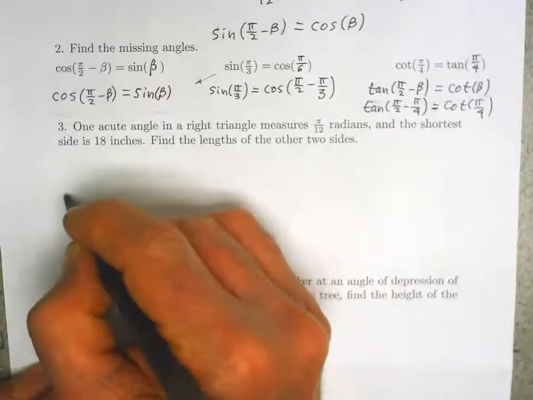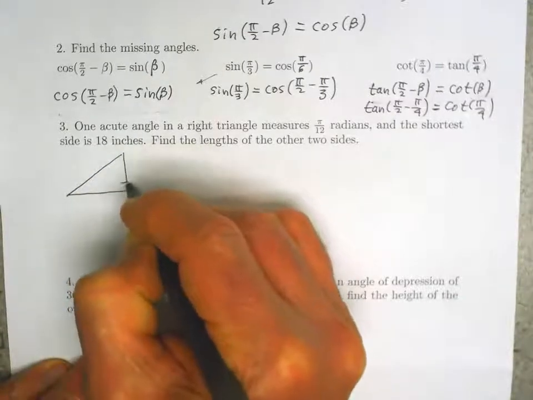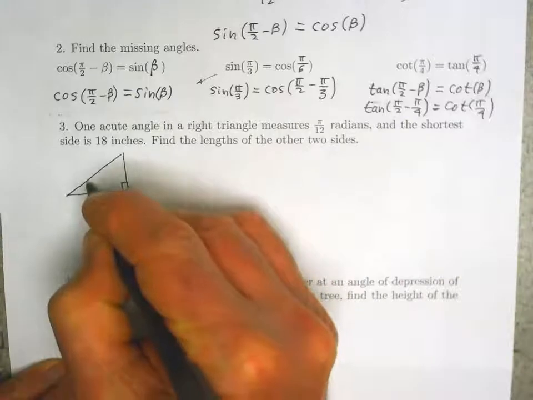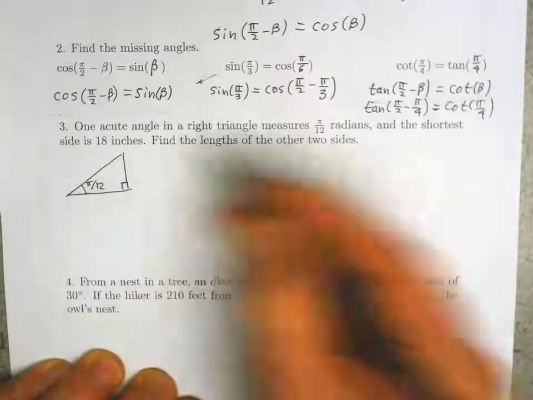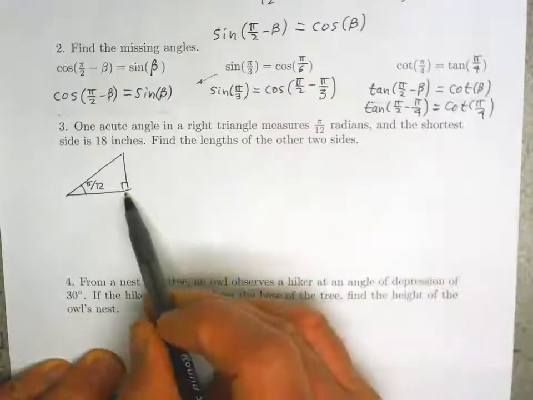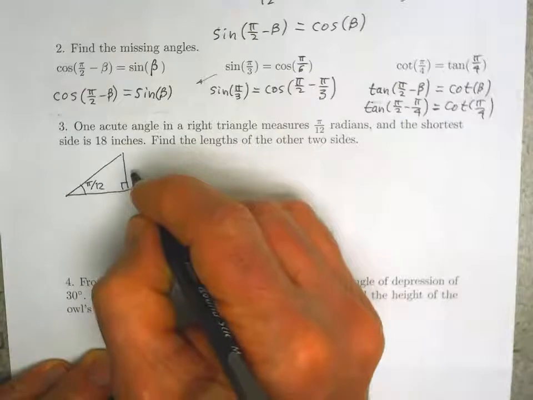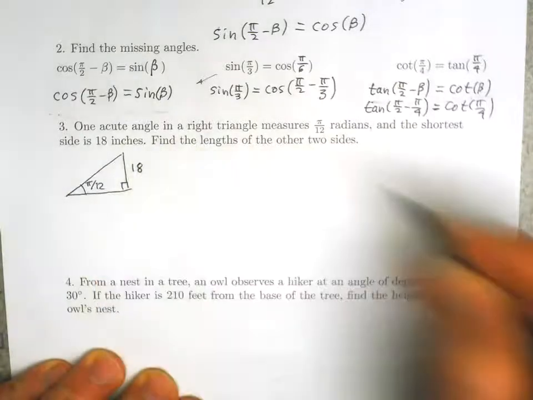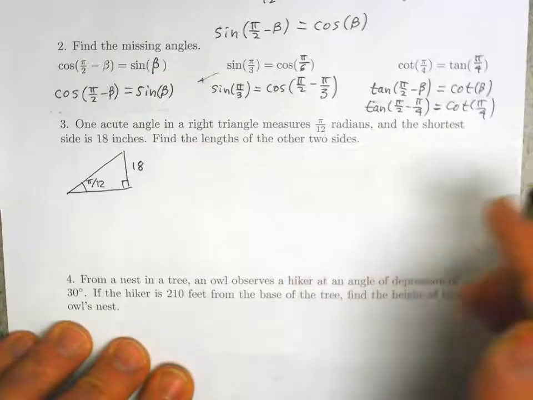So in a right triangle, we'll label the smallest angle pi over 12. And consequently, the shortest side is opposite of the smallest angle. So this side is 18 inches.